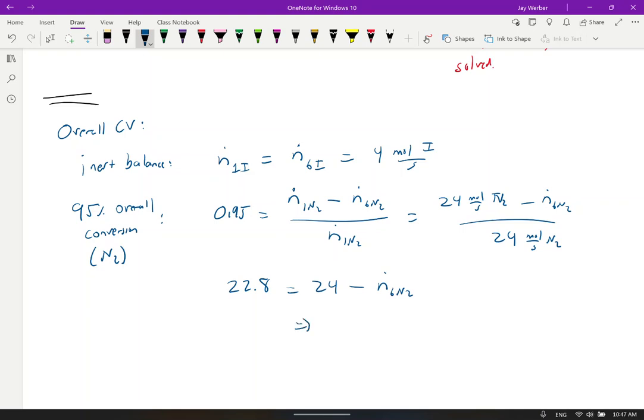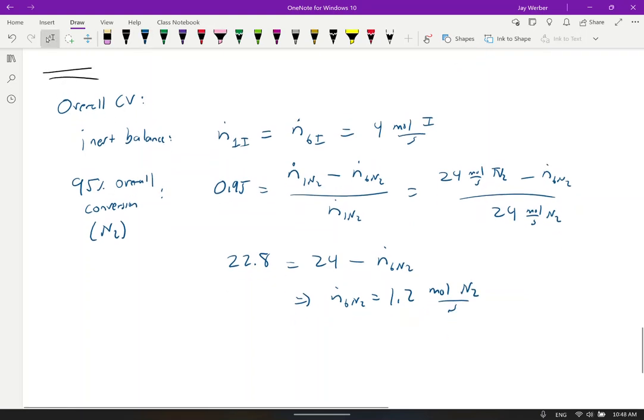And so this means that N6 N2 is equal to 1.2 moles of nitrogen per second. Great.